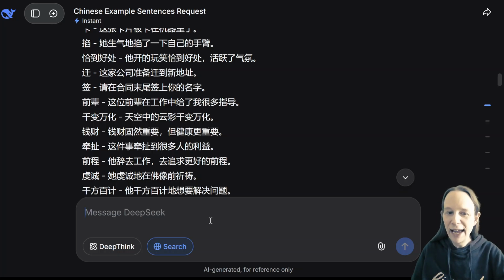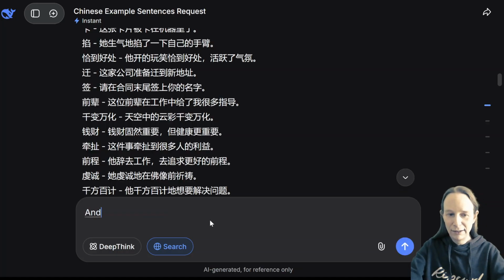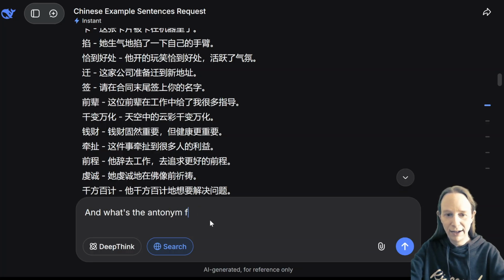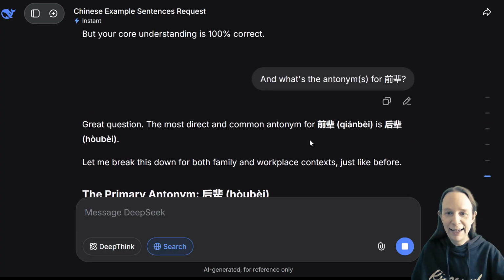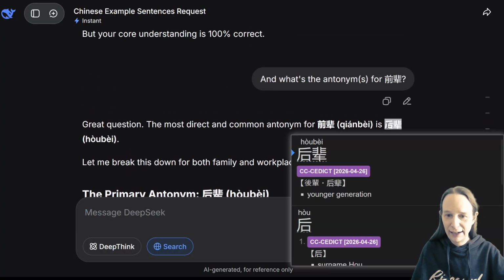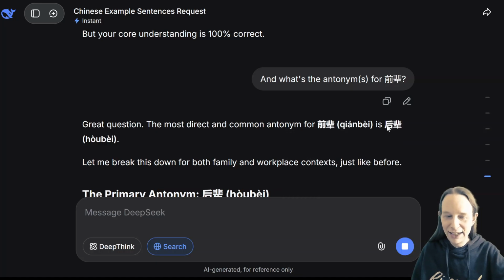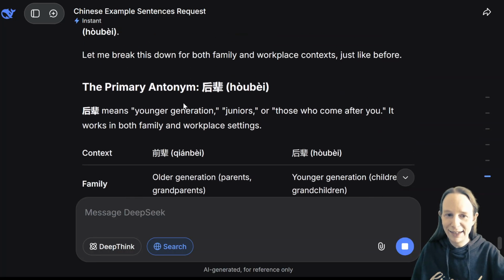Oh, maybe it's Houdang. What's the antonym for 前辈? Yeah. It is 后辈. Oh, 后辈, younger generation. This is in a family though, isn't it?